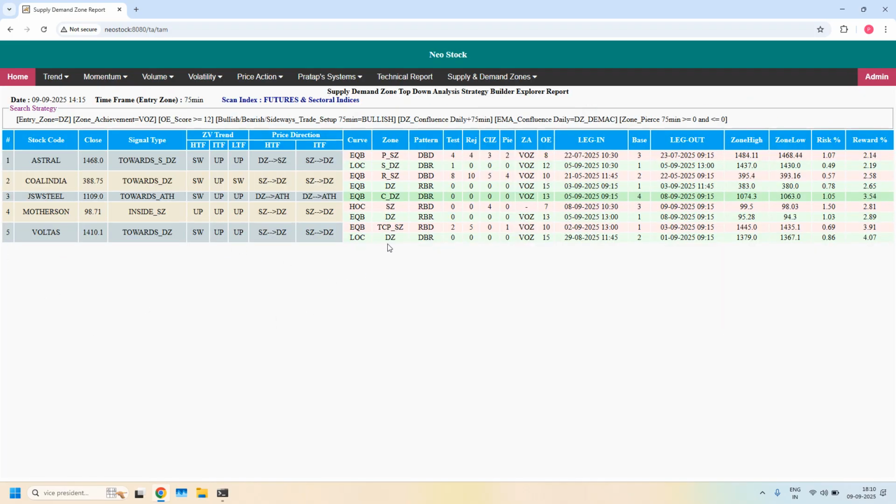In all 5 stocks, these daily demand zones overlapped with 75 minutes demand zones, and the daily demand zones have daily EMA confluence. That's why these are the highest probability trade setup 75 minutes demand zones. But they should satisfy lesson 20 checklist items. Otherwise, there are higher chances of these demand zones being violated.